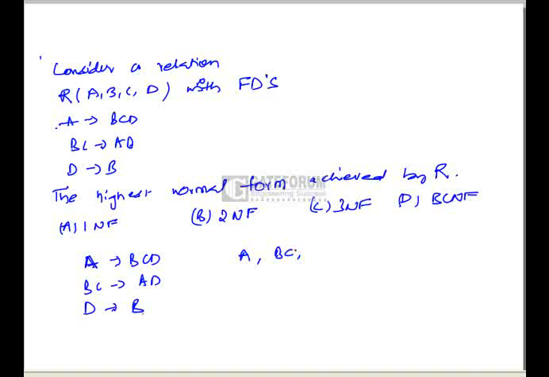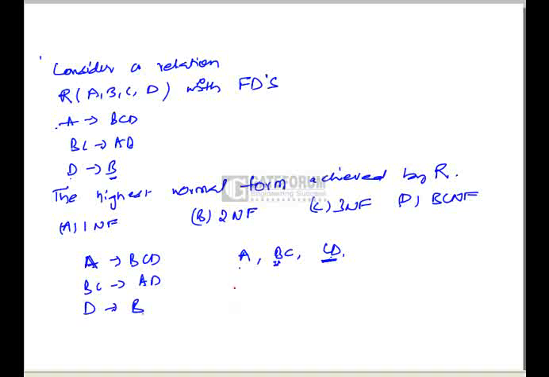If BC is the key, CD is also a key. Why? Because here B is determined by D. So in this key, in place of B, we can write D. So here CD will also become key. So here the keys are A, BC and CD.